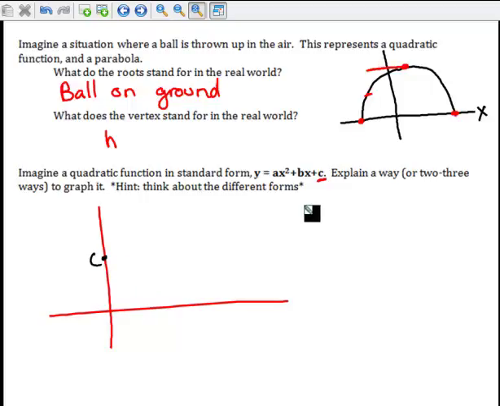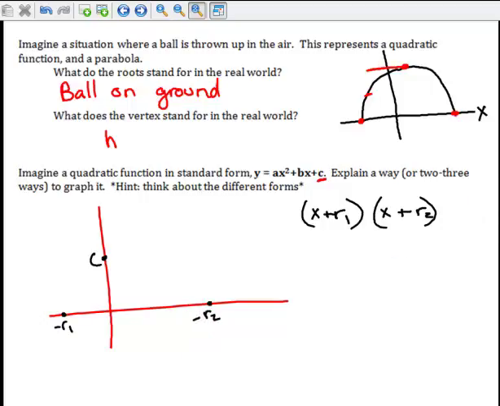Okay, we could factor it and get it into x plus r1, x plus r2, and then our roots are going to be negative r1 and negative r2. Okay.